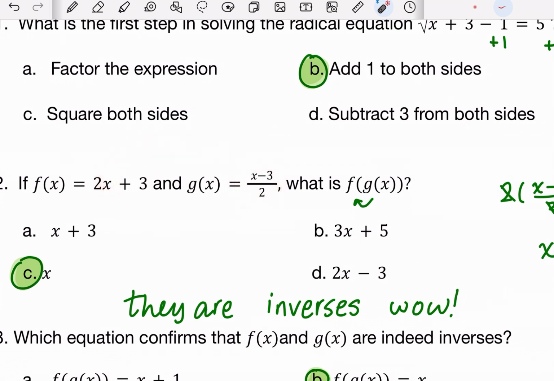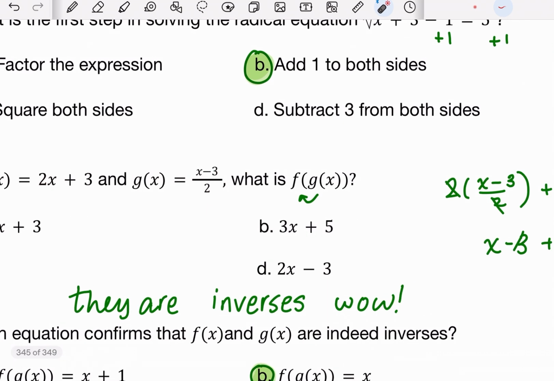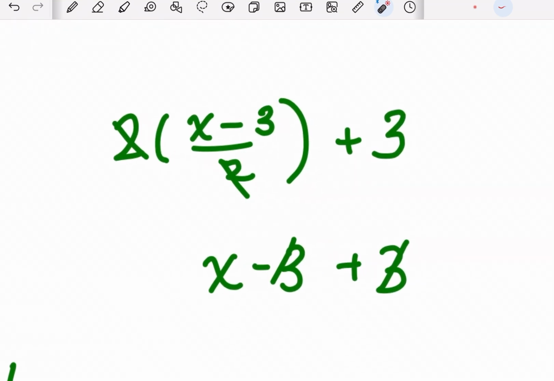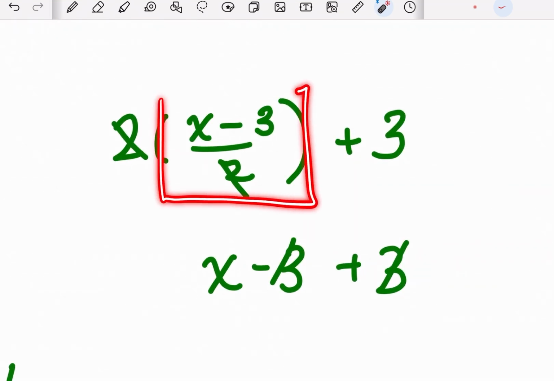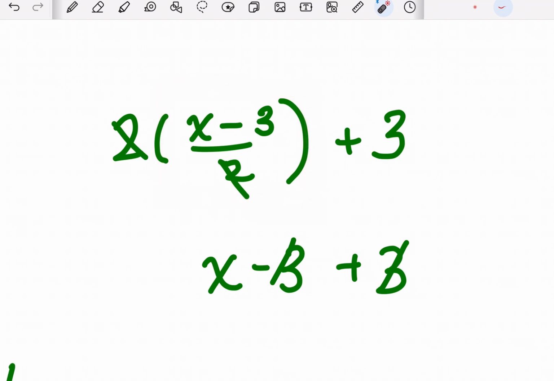If it was in the other order, we would do the opposite. So this is what my problem looks like for number 2. After I input g into f, notice how before I even distribute that 2, you have this whole thing multiplied by 2 and also divided by 2. So those 2's cancel out. But something really important to note is if you decide to distribute this out, you're only distributing it to the numerator.